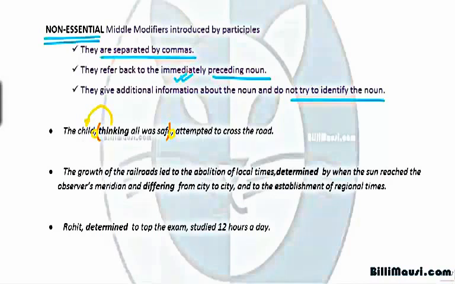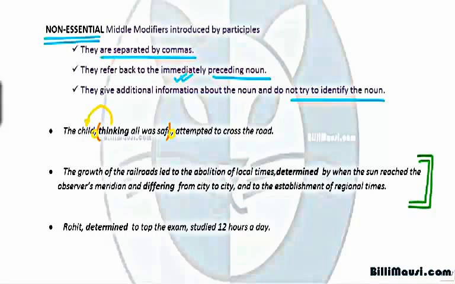The growth of the railroads led to the abolition of local times. Okay, I will leave this statement right now, and we will discuss this in one of the illustrations. Okay, let's move to the next sentence. Rohit, determined to top the exam, studied 12 hours a day.